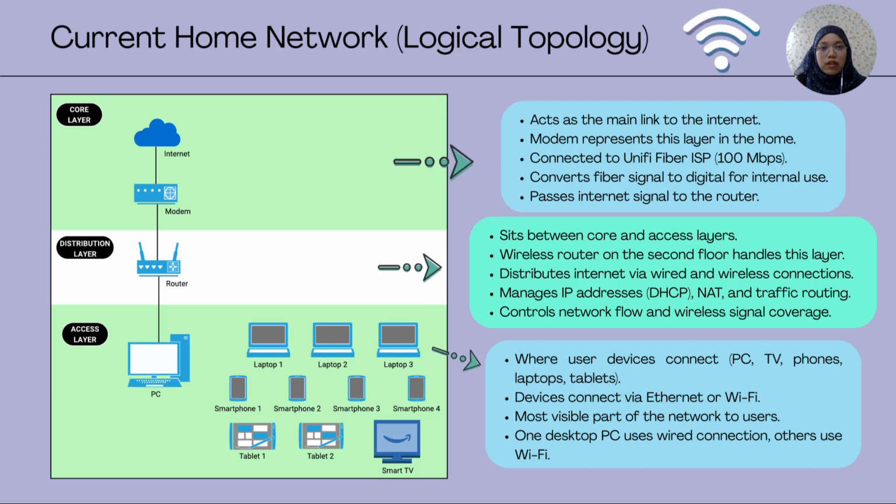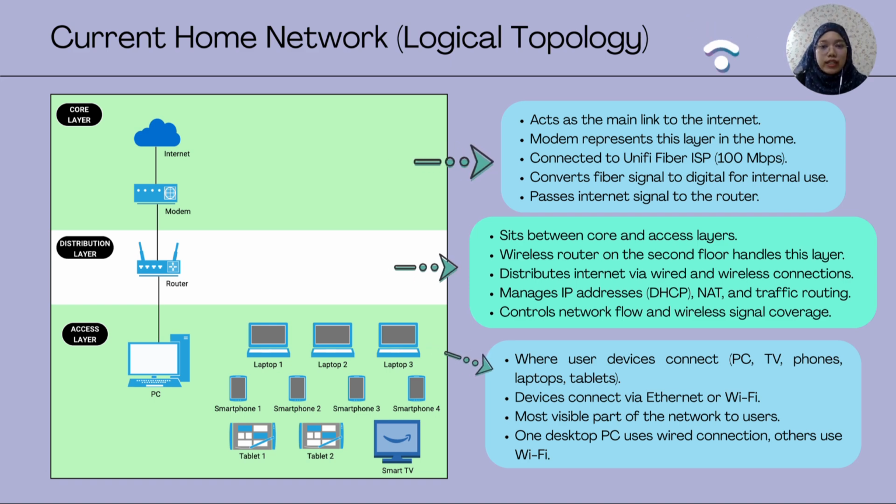In this setup, the modem represents the core layer, directly connected to the internet service provider, which is the Unifi fiber that offers high-speed internet access to the home. The modem converts the incoming fiber optical signal into a digital signal that can be used by the internal network. Its primary function is to serve as a bridge between the ISP and the router, which passes the internet signal to the next layer.